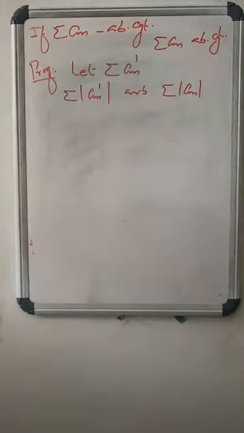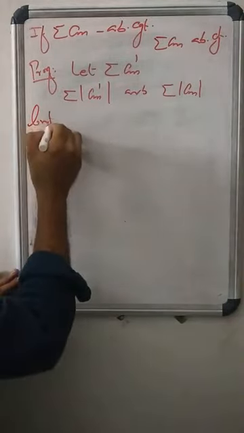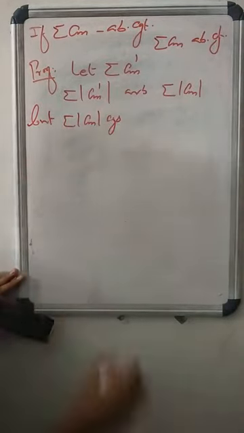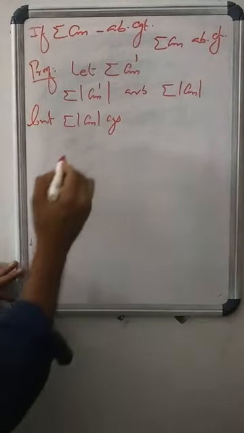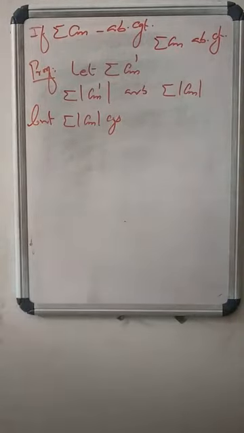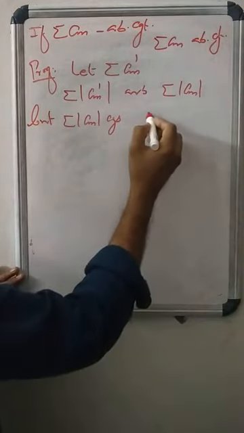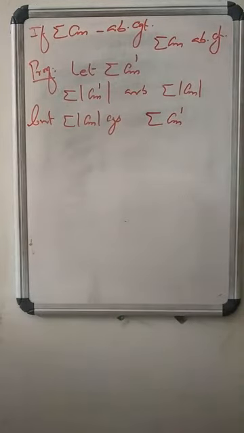Sure? Okay. But sigma an is absolutely convergent, which means sigma mod an converges. Sigma mod an converges means sigma an is absolutely convergent. Therefore, by the rearrangement theorem, sigma an dash also converges.